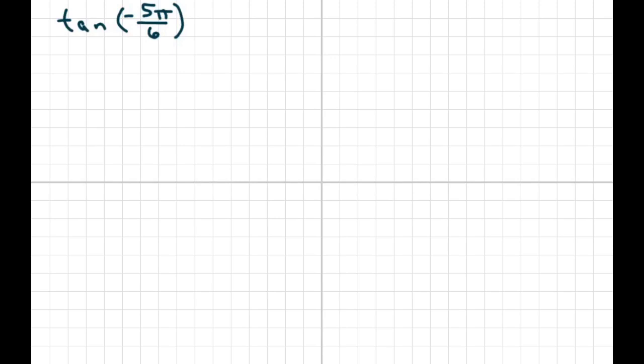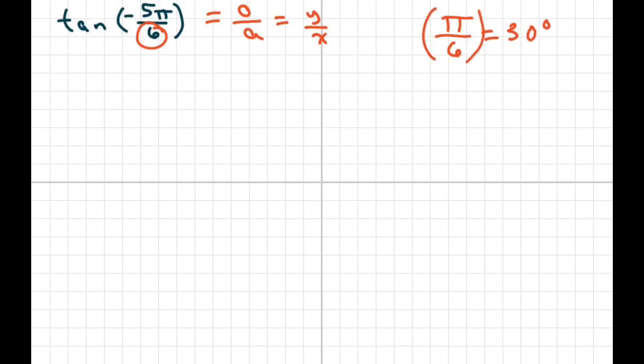Now for tangent, we know that this is opposite over adjacent, which is the same as y over x. I also know that pi over 6 equals 30 degrees, but we need -5 of these. So I'm going clockwise, since it's negative 150 degrees.